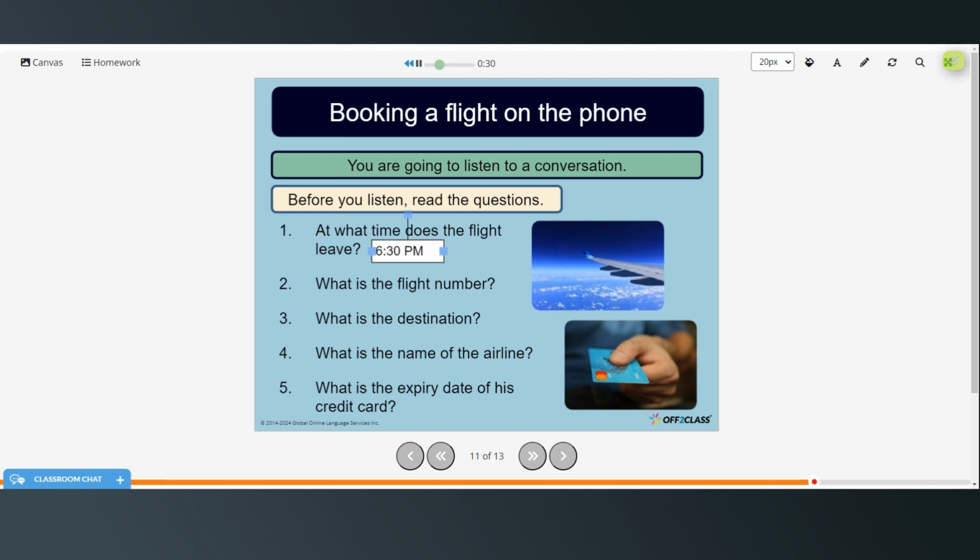He said Toronto to New York, so the destination would be New York. Okay. Flight D. She gives the flight number. 301, Empire Airways. And the name of the airline is Empire Airways.